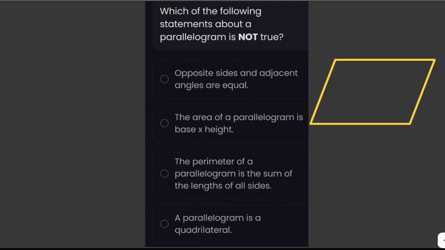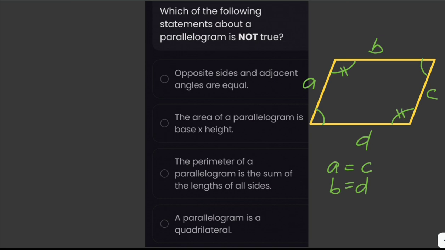Let's say this is a parallelogram, and these are sides A, B, C, and D. So the opposite sides and angles are equal. Therefore, A here is equal to C and B equals D. This angle here is congruent to this angle, and this angle here is congruent to this angle.